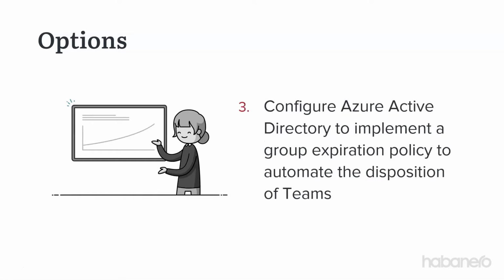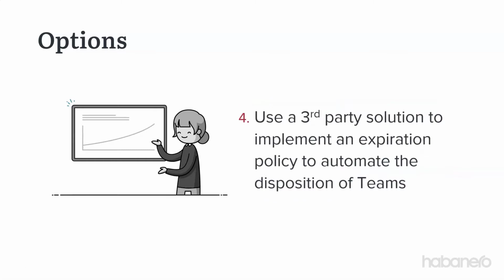This brings us to our third option, and our first viable one. We configure Azure Active Directory to implement a group expiration policy to automate the disposition of teams. The key with this solution is that it supports automation, is provided and supported by Microsoft. Now, while this is a good solution for some organizations, it can't do everything. If your organization has some really gnarly requirements that Microsoft can't support, we have to move on to our last option.